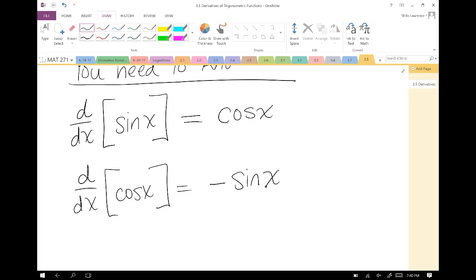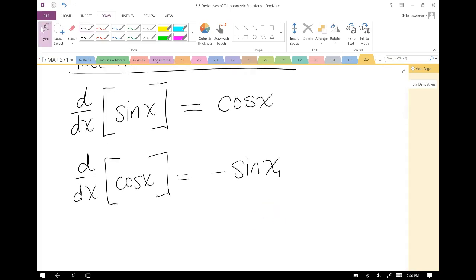If we know those 2, we can technically figure out the derivatives for our other 4 trig functions using quotient rule. And there's also a pattern if you don't want to have to use quotient rule to figure them out every single time. Hopefully we work enough problems and we study enough that we can just remember all 6 of these trig derivatives, and we don't have to do all the hard legwork every single time of deriving them.